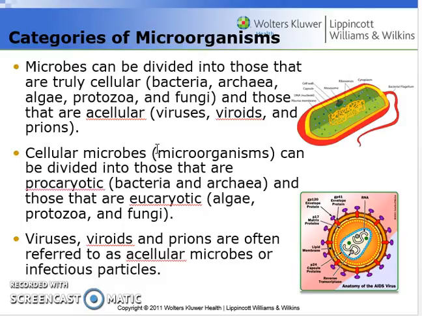If something does not contain a cell, then it's going to be put in the acellular classification. So the members that belong in the cellular unit are going to be bacteria, archaea, algae, protozoan, and fungi. And then those that are acellular are going to be our viruses, viroids, and prions that we've talked about before.